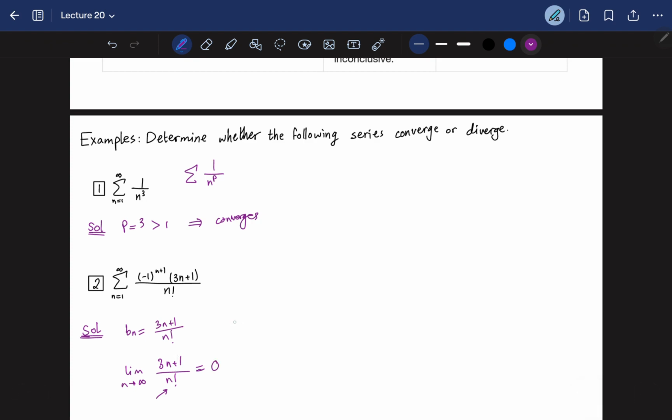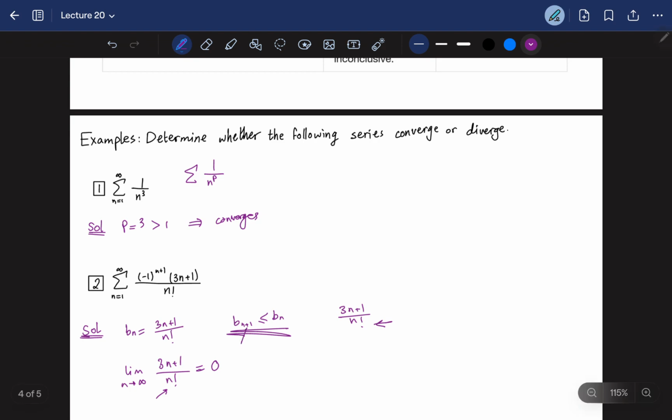Now here, to prove that your series is decreasing, you have to prove this condition. If you think about it, for 3n plus 1 over n factorial, the denominator is increasing in a faster way than your numerator, which means that the fraction is becoming smaller very fast.